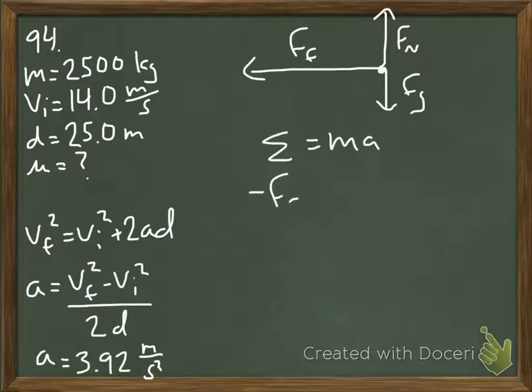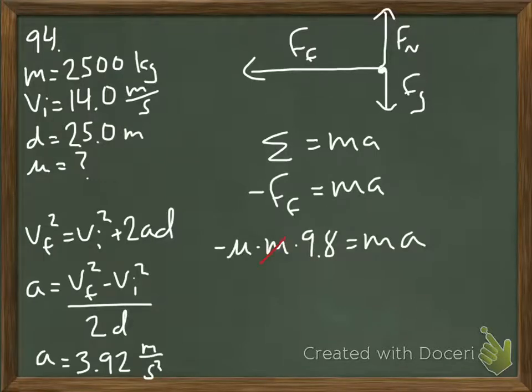We know the sum of the forces is equal to mass times acceleration. There, it looks like I forgot my F. So in this case, we just have the minus force of friction equal to mass times acceleration, because there is no applied force. Let's expand the force of friction here. We have mu times m times 9.8 equals mass times acceleration. So before I even plug numbers in, I'm going to cross out my m's.